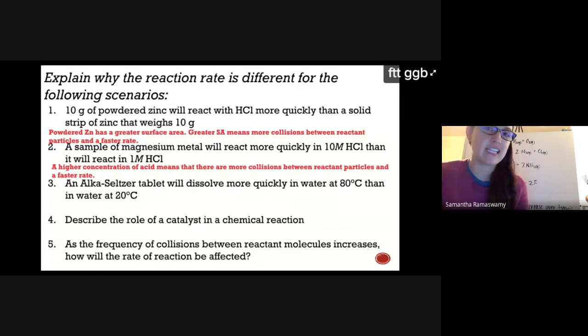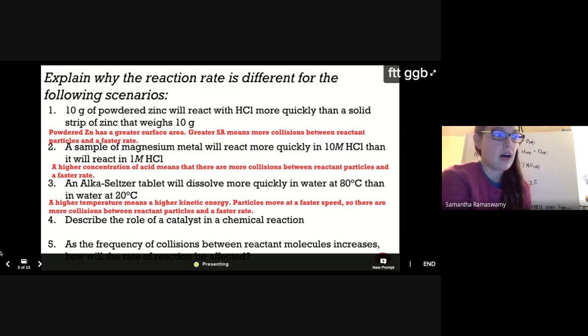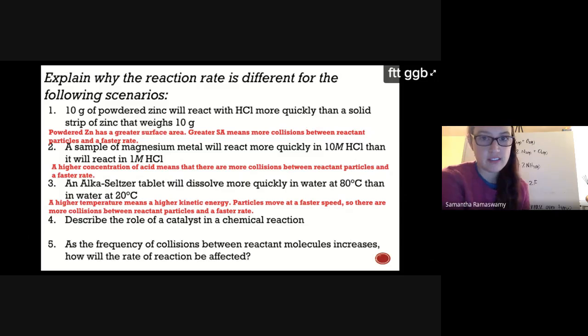Temperature increases the energy and the speed of the reactants. Faster means more collisions with greater energy. So a higher temperature means a higher average kinetic energy. Your reactant particles will move at a faster speed, so there are more collisions between reactant particles and a faster rate.